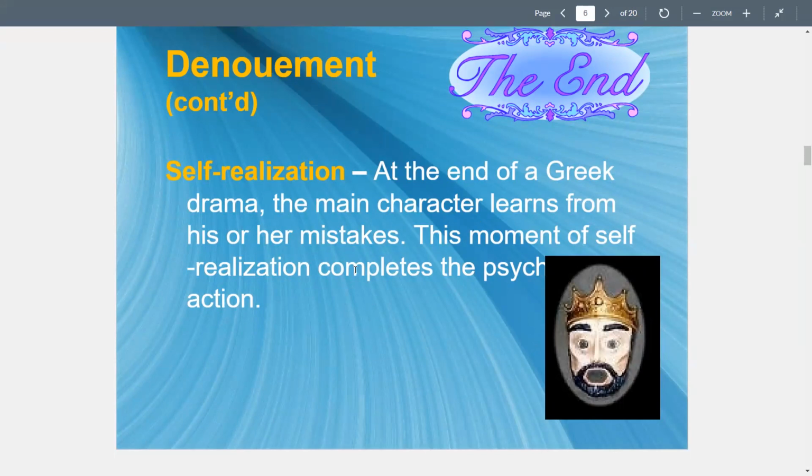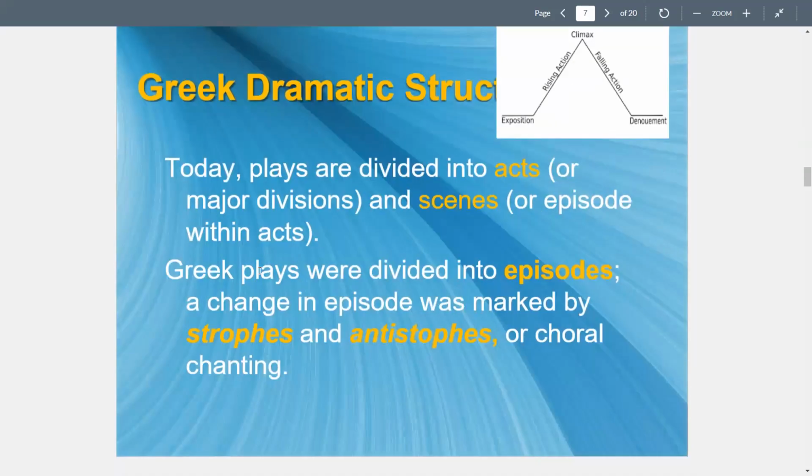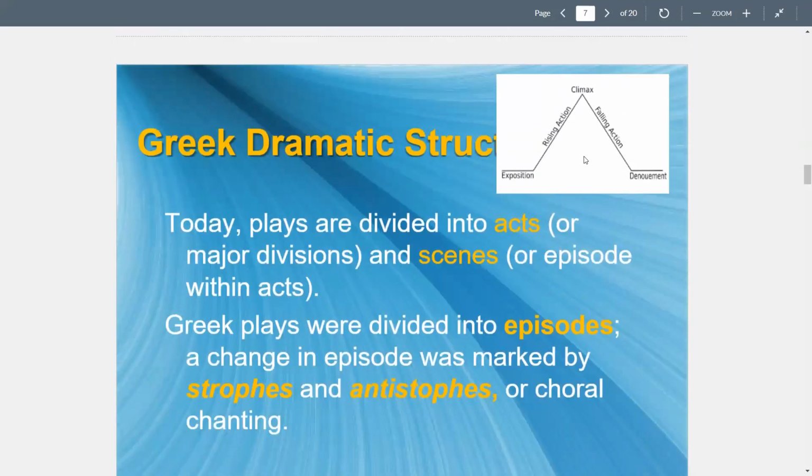This is actually something that people are doing research on now, especially with Greek tragedy, having the ability to be a catharsis for those who witness the play, because you go through the drama and the action with the characters, and then that moment of catharsis at the end of that psychological action completion is sometimes helpful for people. This is again showing what the Greek dramatic structure would look like, just like our short story triangle of action.